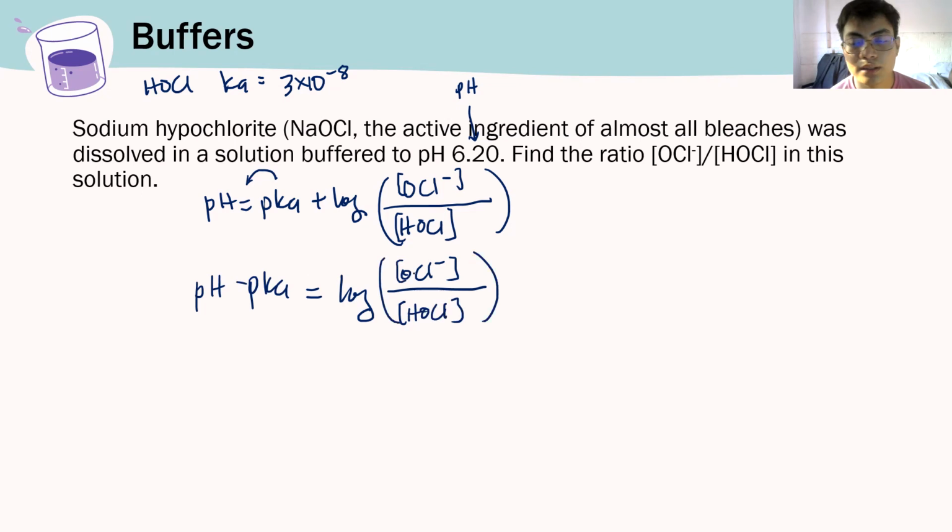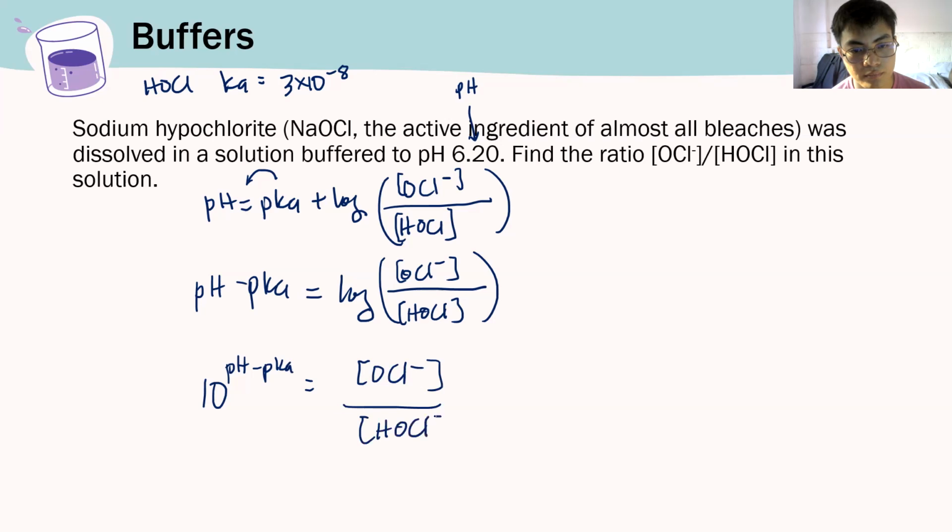Then, since it is inside a log, we take the anti-log, which means making everything an exponent of 10. So 10 raised to pH minus pKa equals the ratio itself.